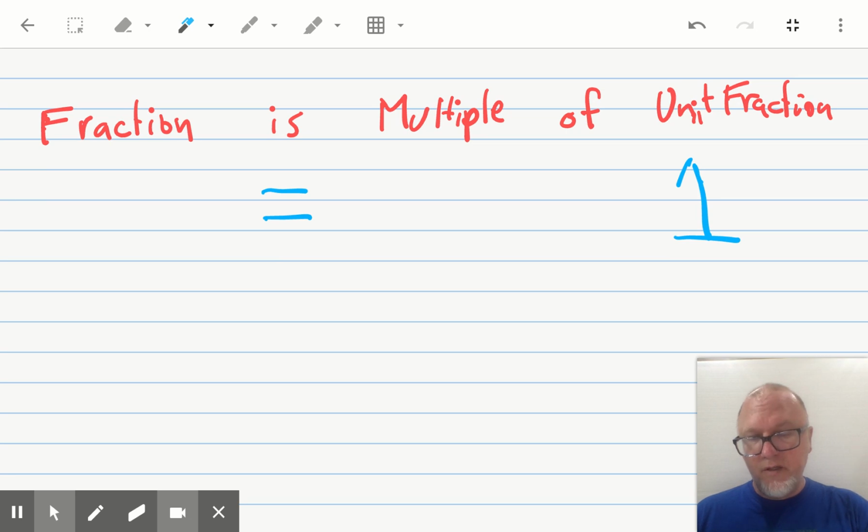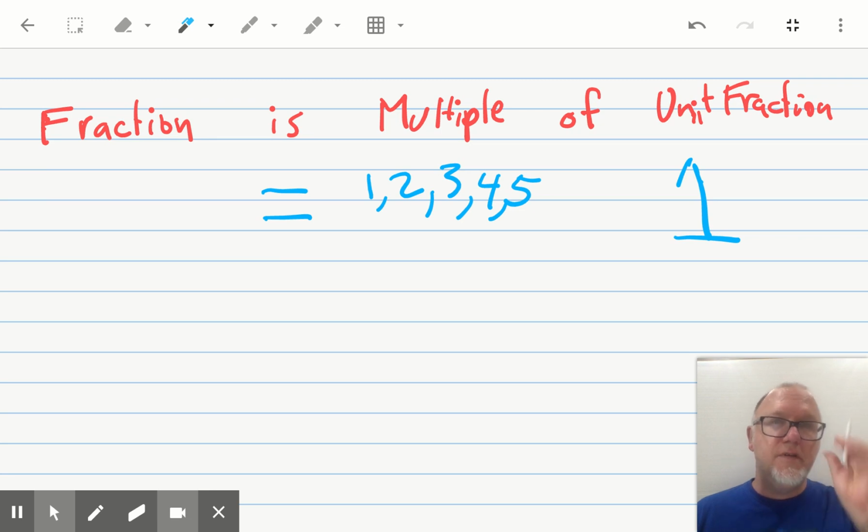So something is equal to a multiple of 1. Now, a multiple means when you have 1 of them or 2 of them, right? Or 3 of them or 4 of them or 5 of them. That's what multiples are, because you could keep adding them or you could multiply them, because we know multiplication is repeated addition. So what if I said, what is 4? I'm simplifying. I'm not even going to work with a fraction yet.